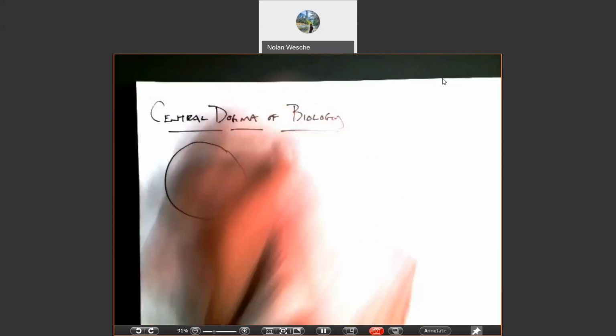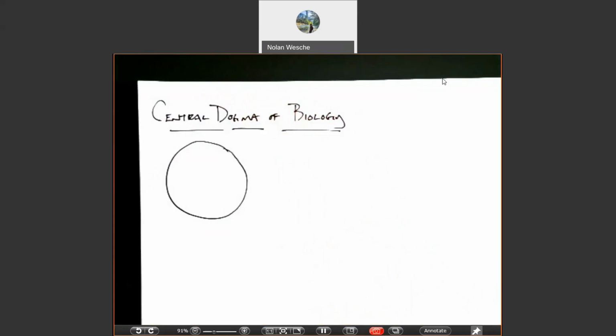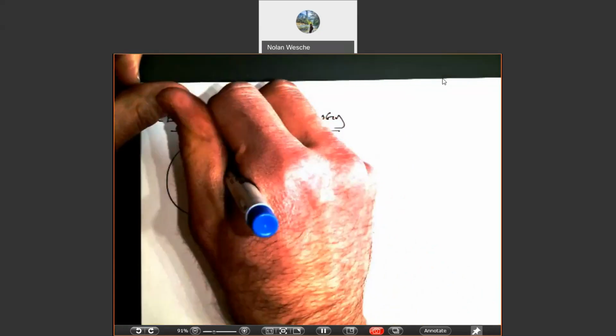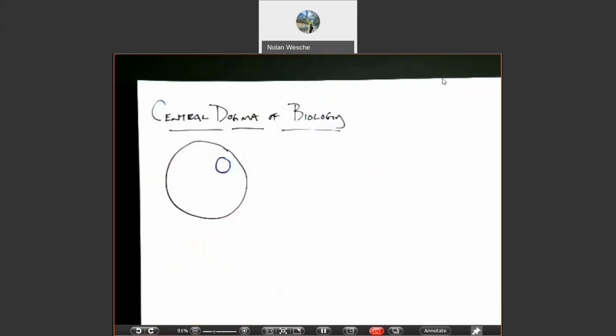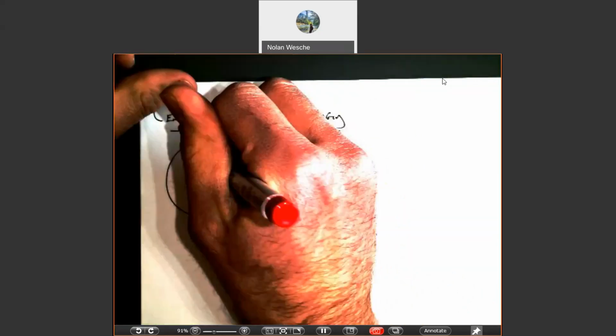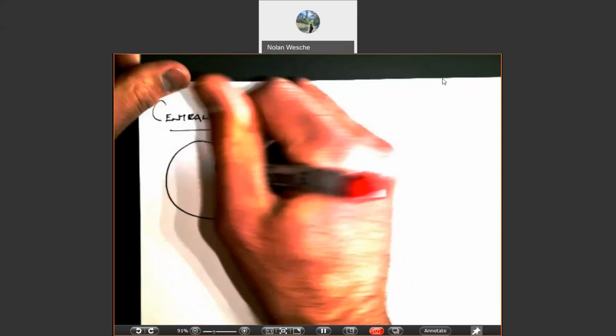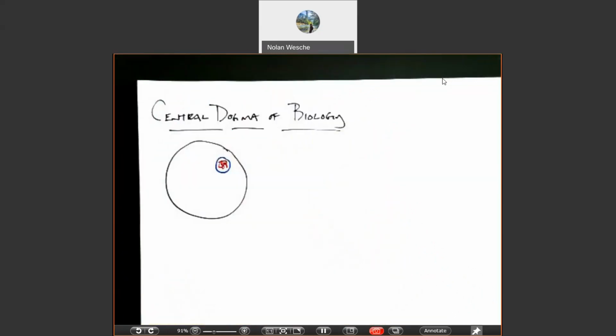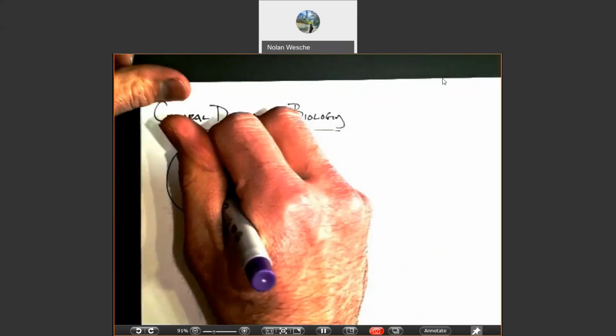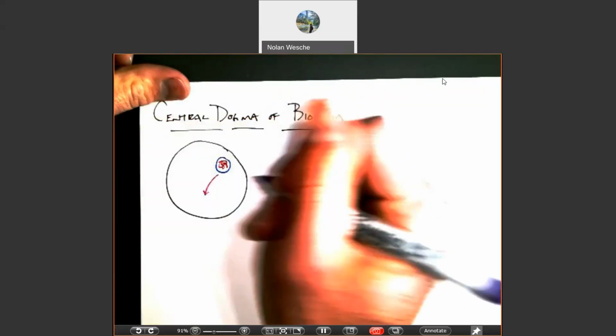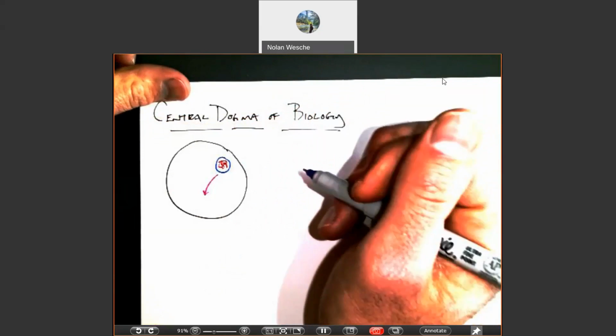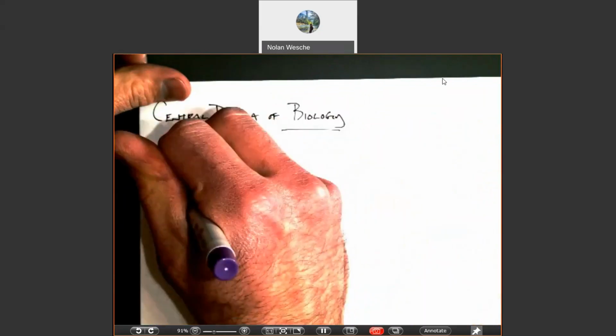No particular type of cell. We know that in that cell, you've got a nucleus, and in that nucleus, you've got some DNA. And in that DNA are all the instructions on how to make proteins. And proteins are just little machines that do jobs within a cell. Central dogma is going from these DNA instructions in the nucleus and making those things into proteins.